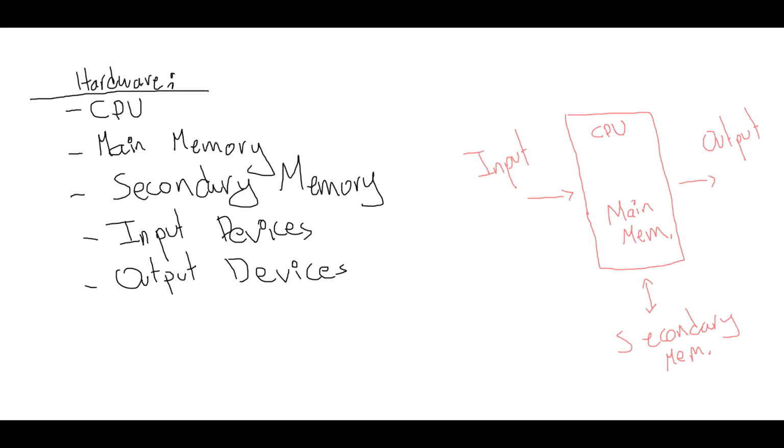Also inside the CPU, you have the arithmetic and logical unit, which is the ALU. This arithmetic and logical unit is hardware, and it's optimized for high-speed numeric calculation. So it does the math under the hood in a very fast way.